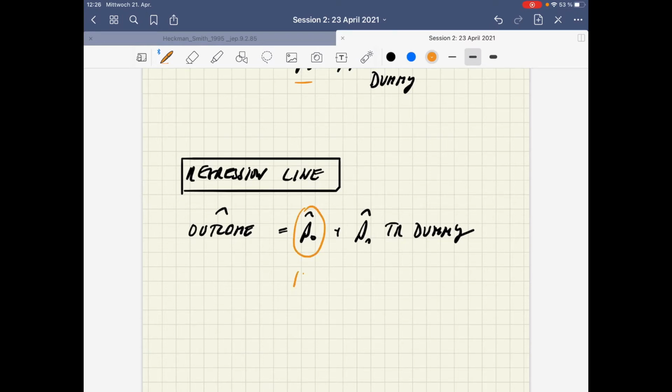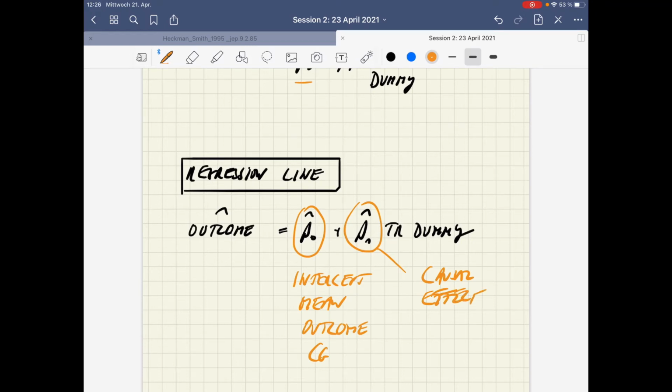That beta 0 hat, the intercept, would then be the mean outcome of the control group, and the beta 1 hat is then the causal effect of the program.